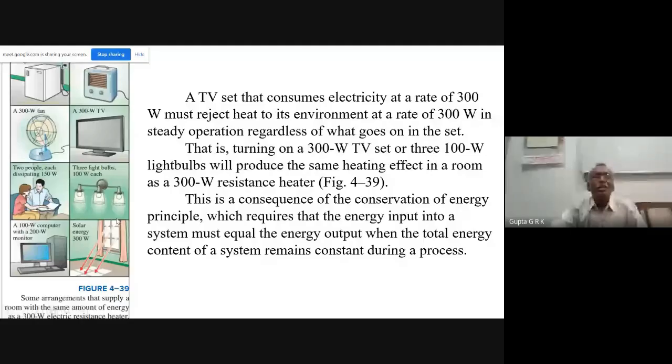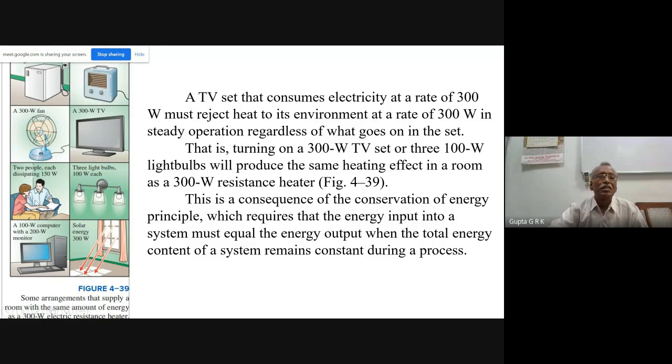So there are some different activities and different equipment that are given, which may release heat of 300 watts. Okay, so it is a 300 watt fan, and this is a 300 watt refrigerator. This is a 300 watt heater. This is a 300 watt TV.